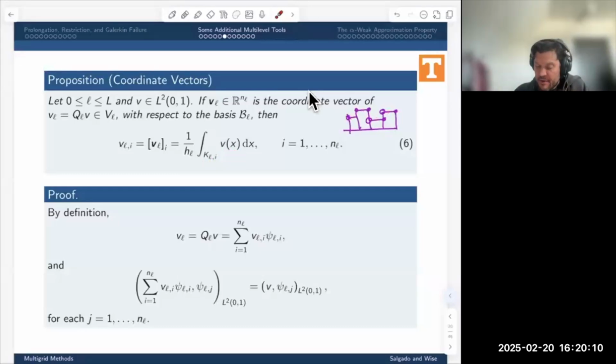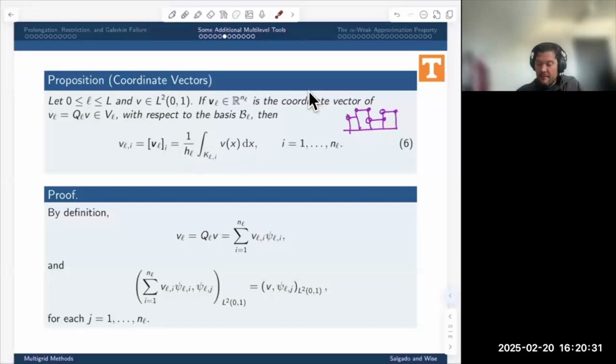So for example, this is KL1, KL2, KL3, and KL4. So the ith cell is generically somewhere in the middle, right? I between 1 and NL. So VLI is the average.